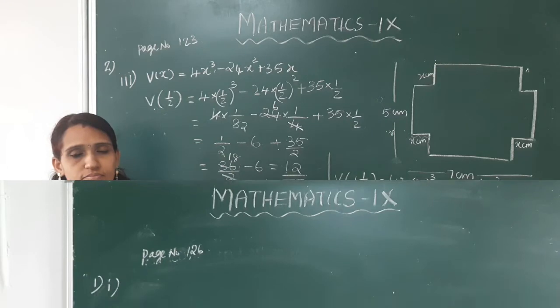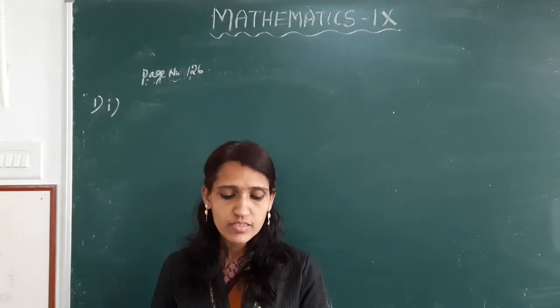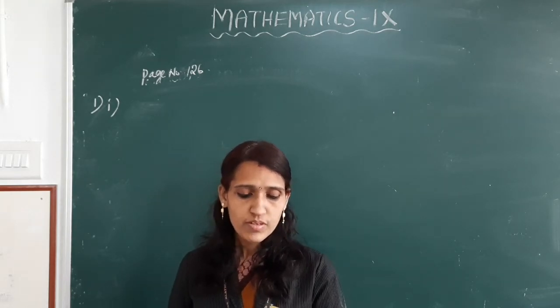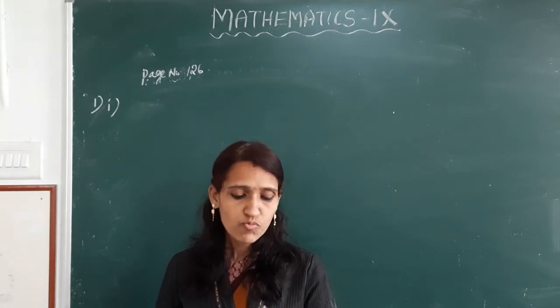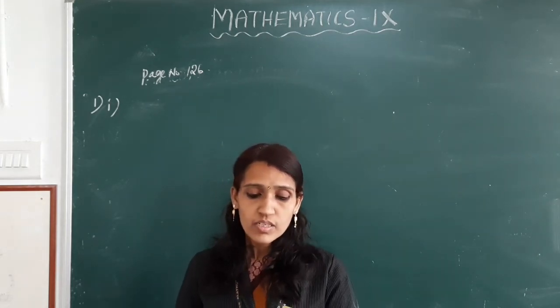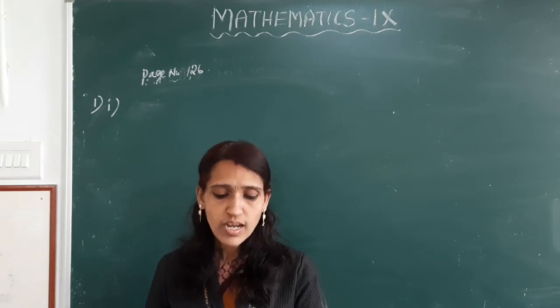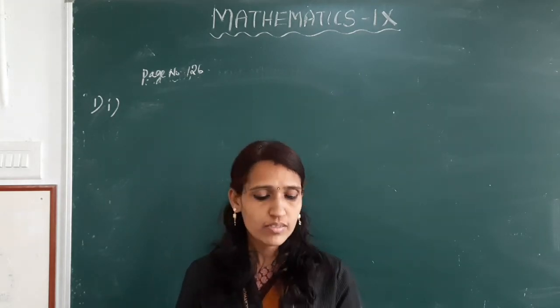Clear? Write each of the relations below in algebra and see if it gives a polynomial. First sub question: a 1 meter wide path goes around a square ground. The relation between the length of a side of the ground and the area of the path.